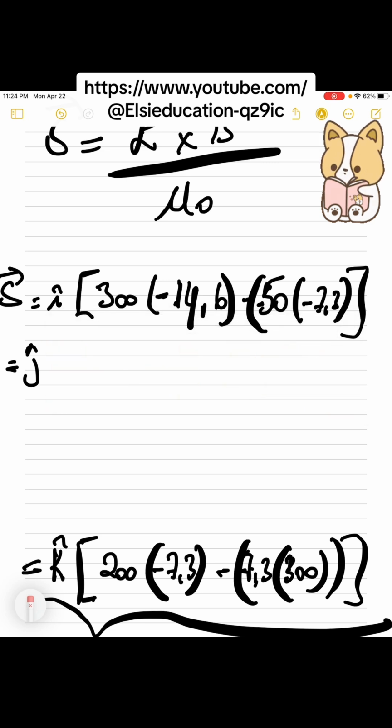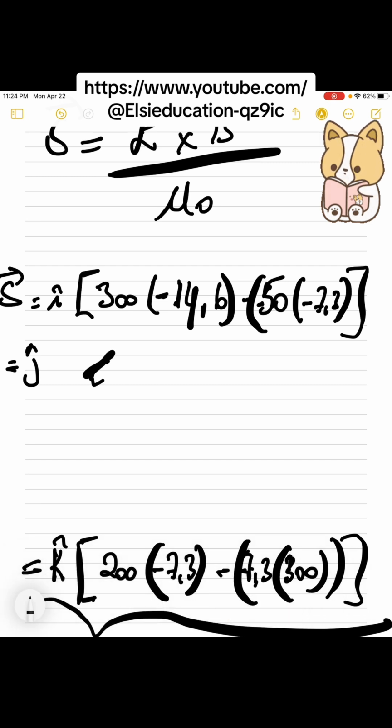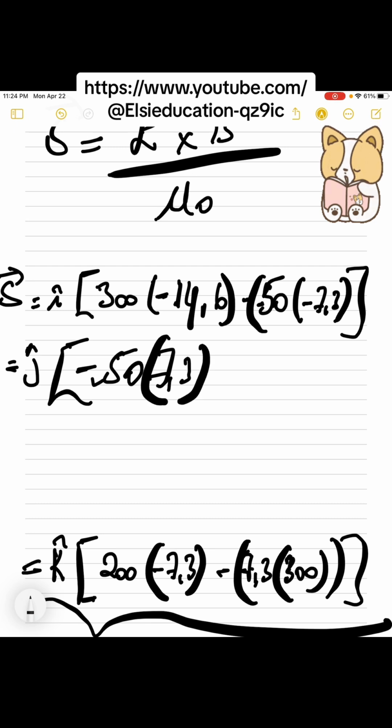Okay, so J. Okay, on the J, they took the minus 50 multiplied by 7.3 minus 200 multiplied by minus 14.6.